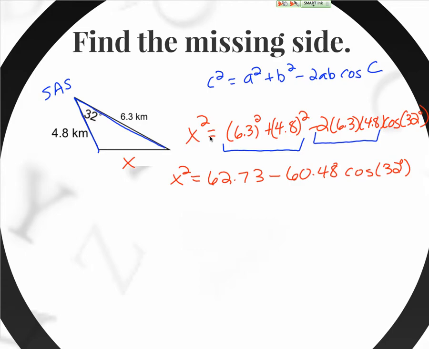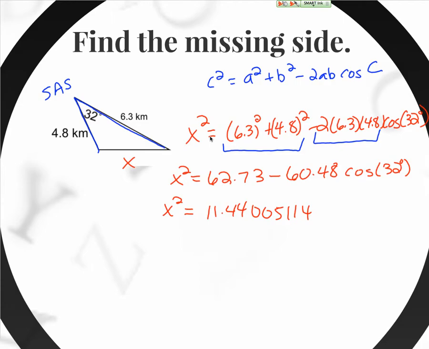And then I go from there and plug that into my calculator. I'm just going to double check my calculations here because I want to check the rounding. So I end up with 11.44005114.